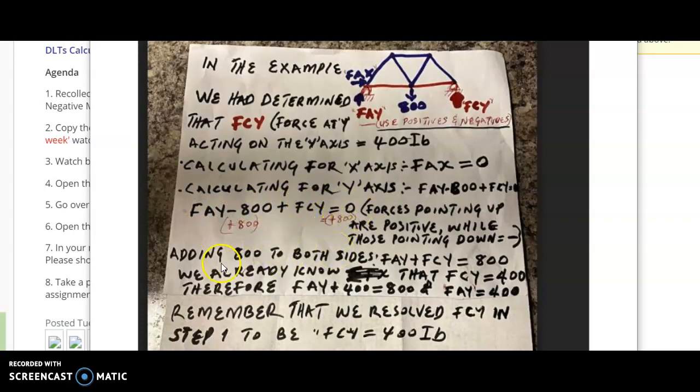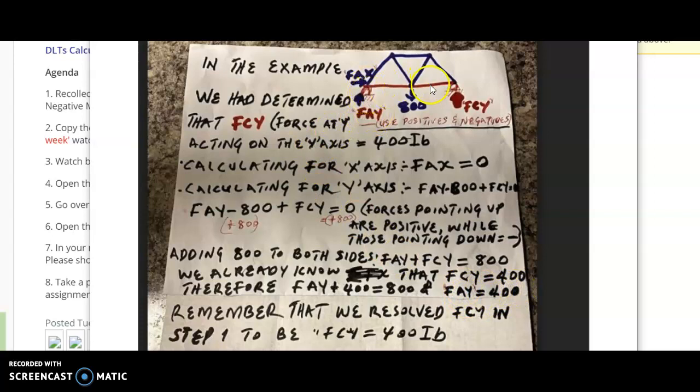We already know FCY from last week. FCY, this one here, is 400. So FAY plus 400 is equal to 800, and when we subtract 400 from both sides, FAY is going to be equal to 400. That's the answer for FAY.